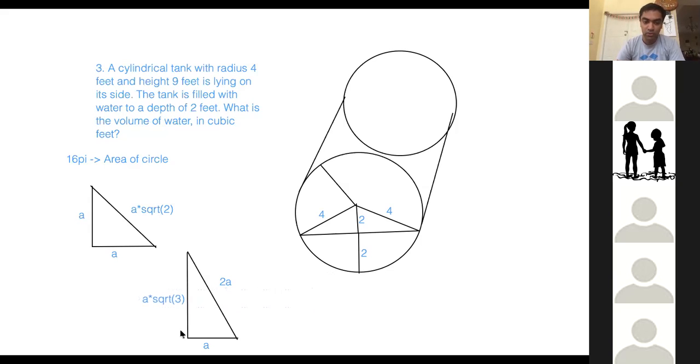Any multiple of these side lengths is similar to the same triangle. And this angle is 30 degrees. And this angle is 60 degrees.